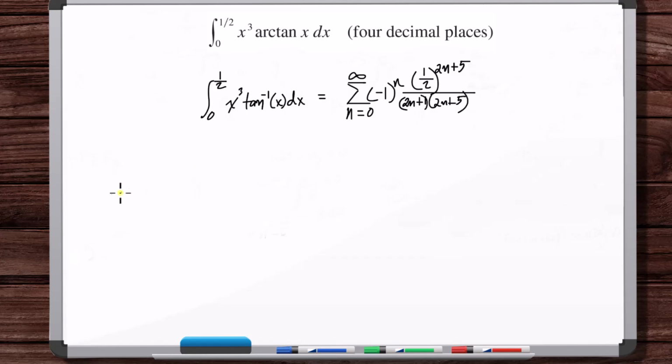How do we do the alternating series test? Well, we need to make sure that this is applicable. This is the B sub n, right? The absolute value of the alternating series is the B sub n. We have to make sure that the B sub n is decreasing, and we can see it definitely will be, because we can rewrite this as 2 to the 2n plus 5, right?